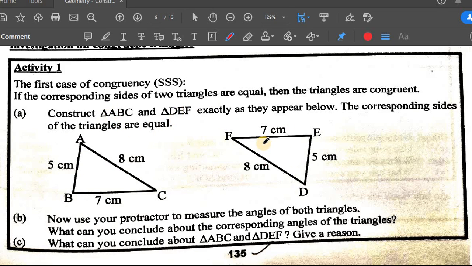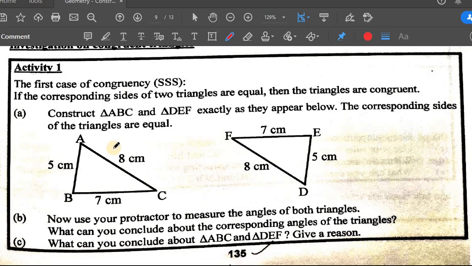Then they would have asked you to measure the angles, and you would have seen that the angles are equal to each other. So if the sides are all the same, and the angles are all the same, those two triangles are exactly the same. And we said that if the triangles are exactly the same, they are congruent.